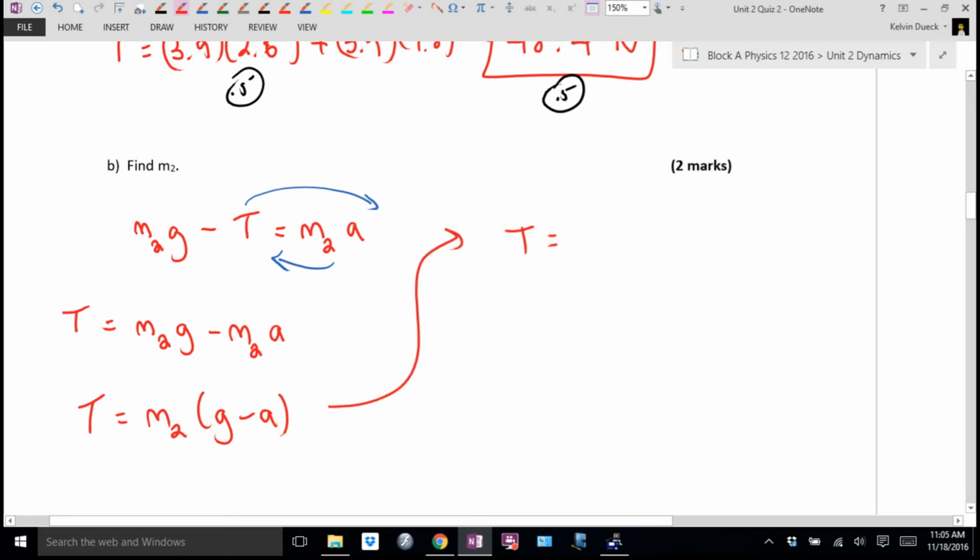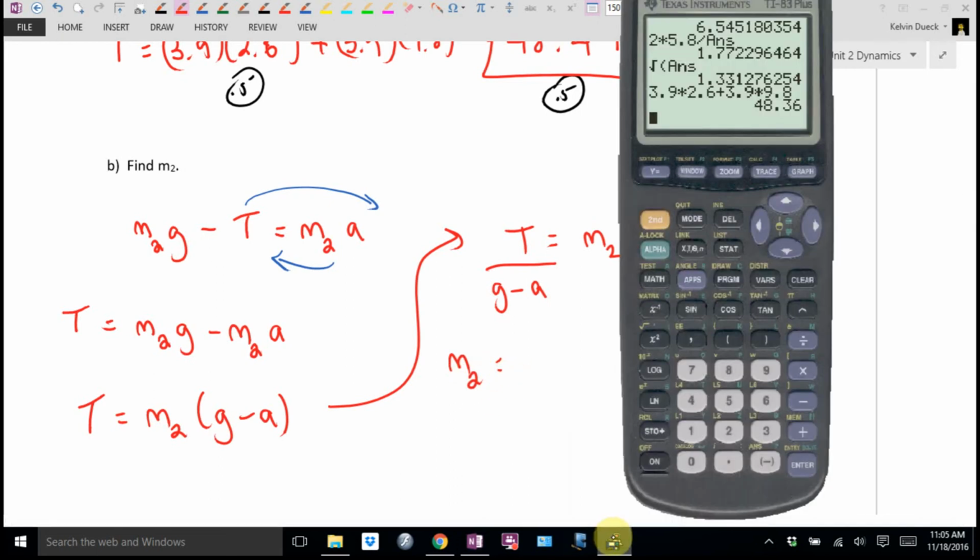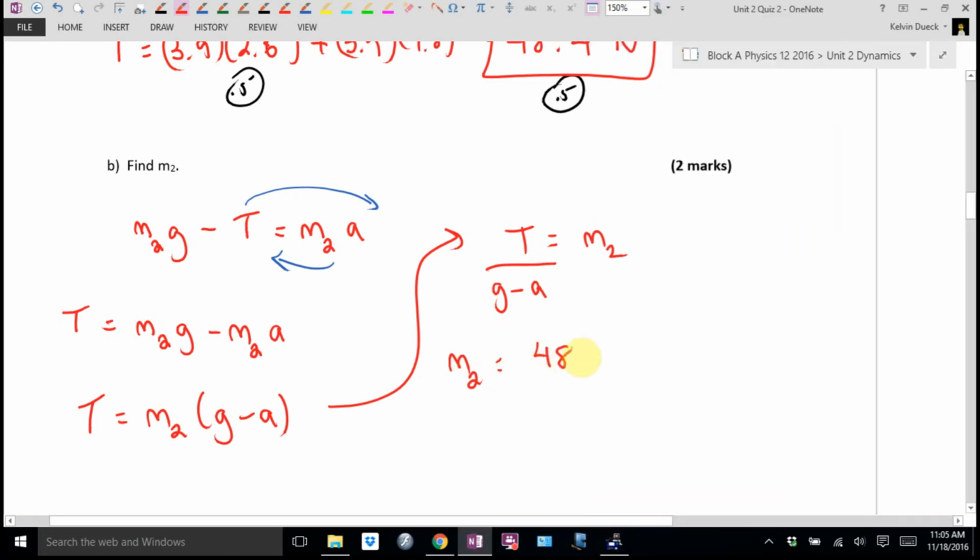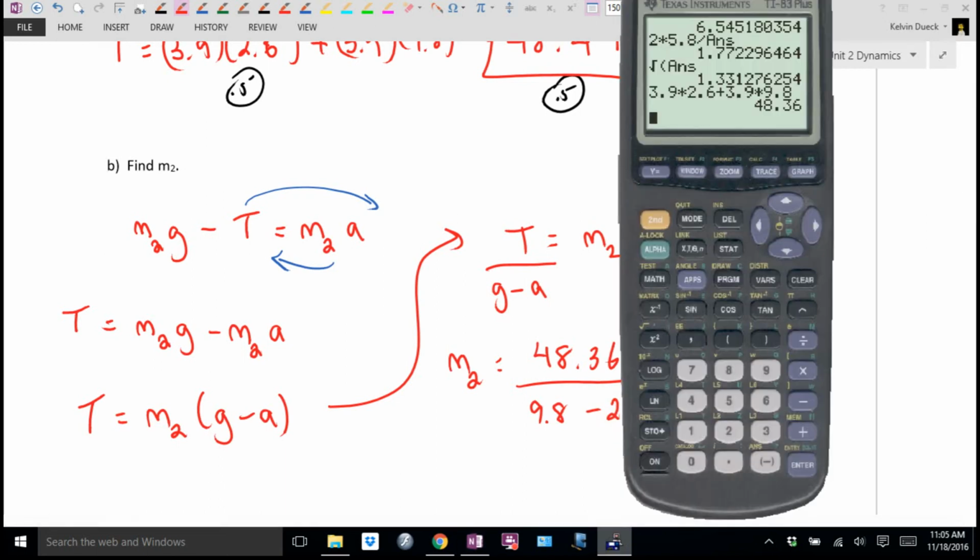Tension equals M2 times G minus A, so G minus A would end up on the bottom. Mass 2 is going to be 48.36 divided by 9.8 minus 2.6. Y'all get 6.72 kilos?